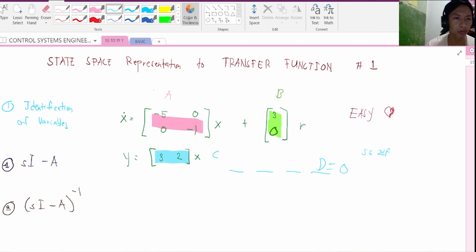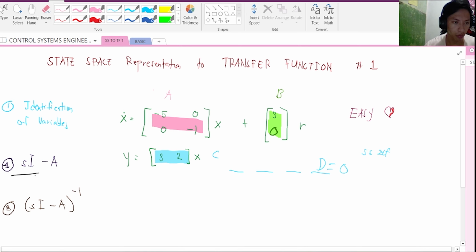So the second step would be this one. Okay, so sI minus A is just the identity matrix multiplied by S. I know you're familiar with the identity matrix, so I'm not going to elaborate much on this, but if you do that, it would be just this one, because the identity matrix is just 1, and then we have S here, so we multiply it.